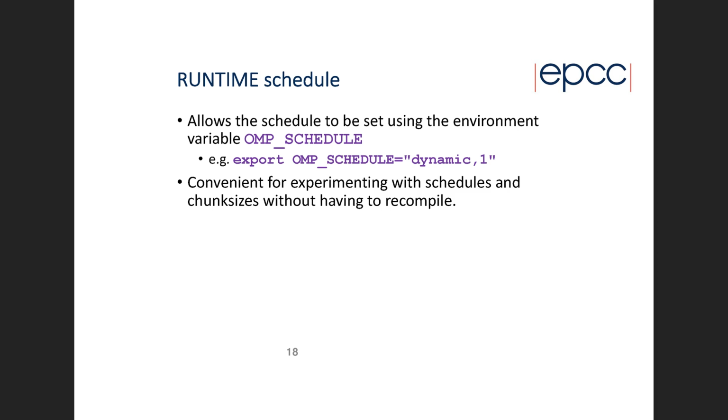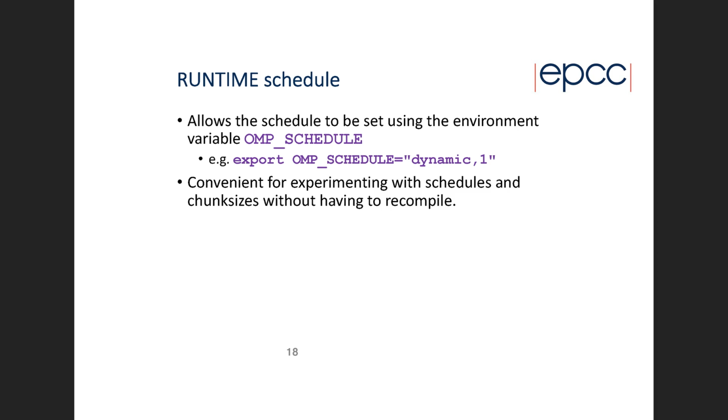You can set this environment variable called OMP_SCHEDULE, and then any loops in your code which have schedule runtime as a clause will pick up their schedule kind from that environment variable. So what use is this? Well, it's convenient if you want to experiment with different schedules and chunk sizes. It's a mechanism that allows you to do that without having to rebuild your code.